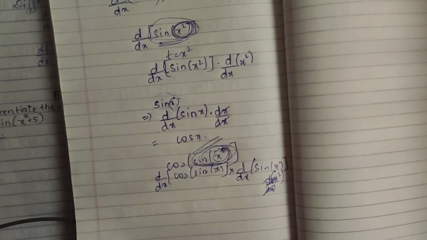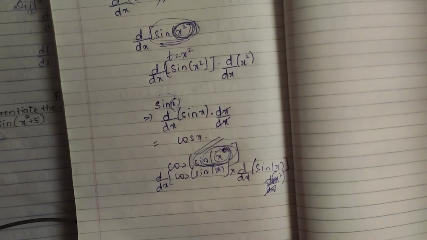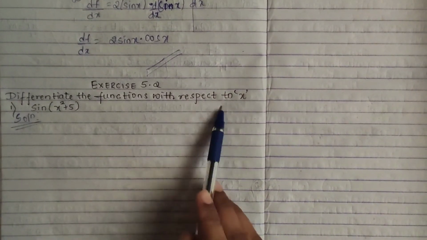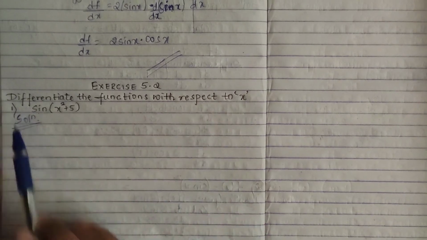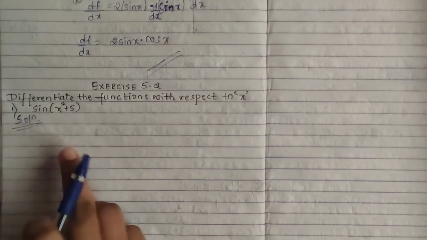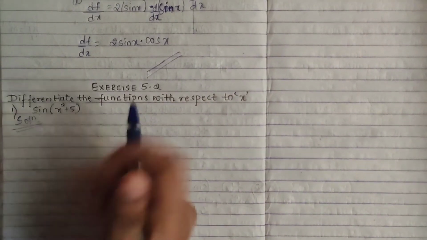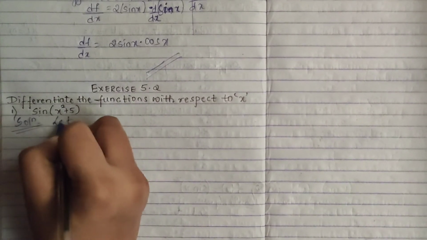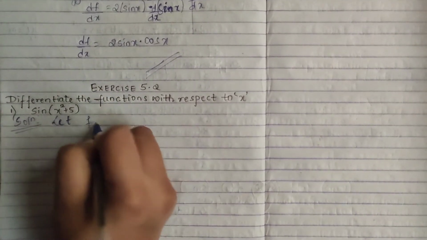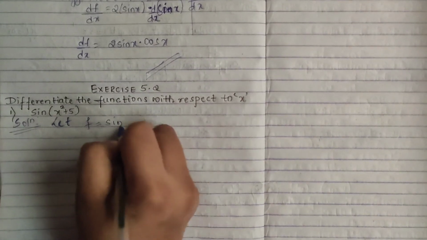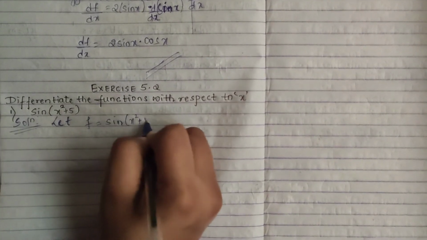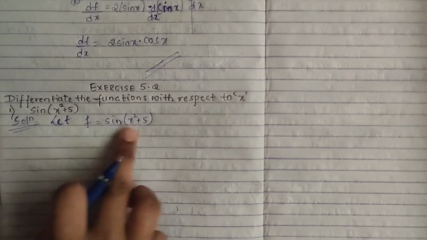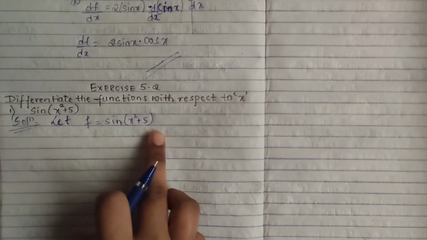Okay, so let us start with the exercise part. We have exercise 5.2: differentiate the functions with respect to x. The first function they have given is sin of x square plus 5. So how will we start? Let f is equal to sin of x square plus 5, because they have not given f, so we just let f is equal to sin of x square plus 5.